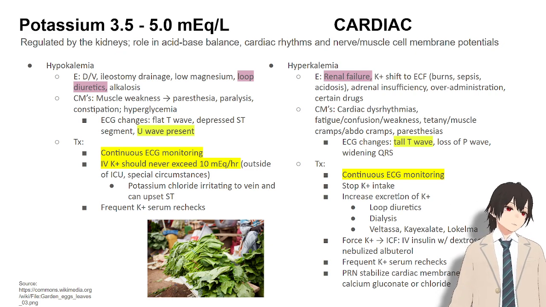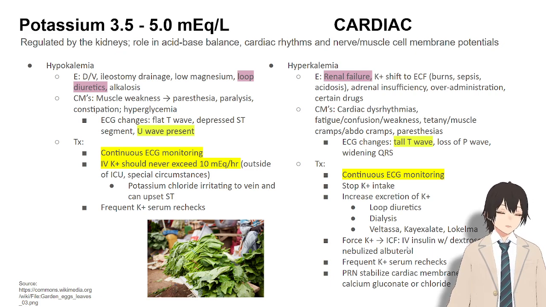Some of the things that you can do are stopping their potassium intake and also trying to get the potassium out of them through diuretics, dialysis, and a popular medication called Kayexalate, which will make them have a lot of diarrhea. You can also force the potassium back into the intracellular fluid, but that's a little bit more advanced, so we won't really cover that too much.